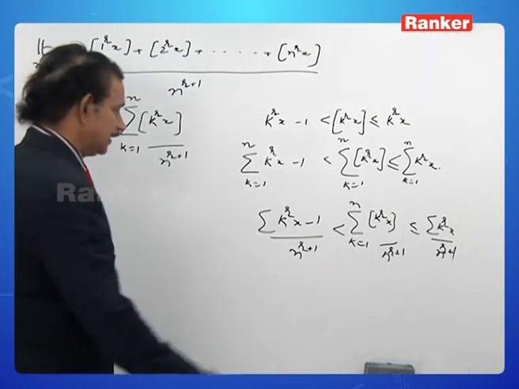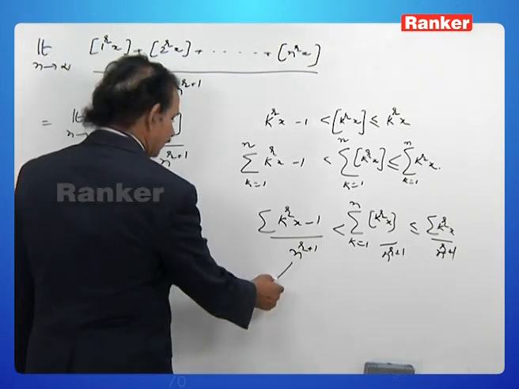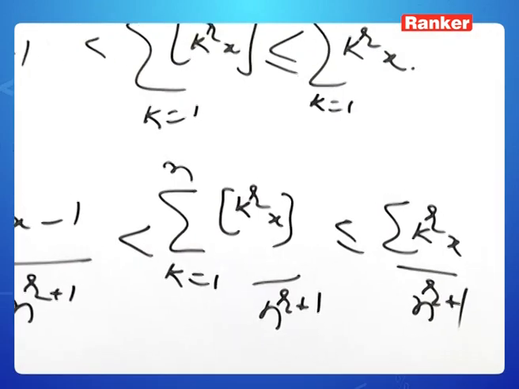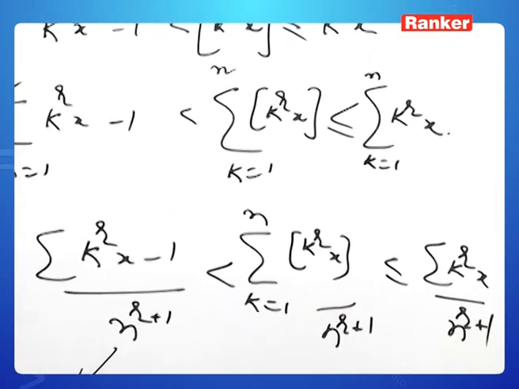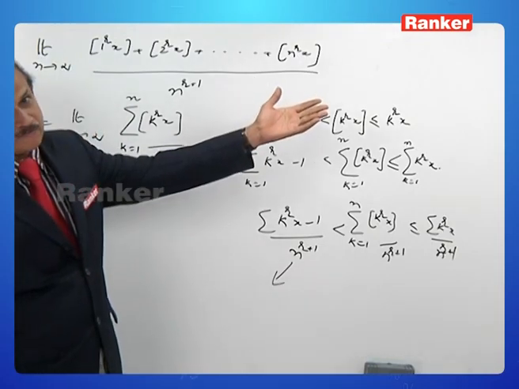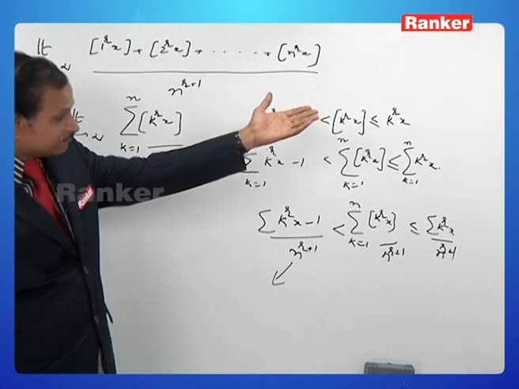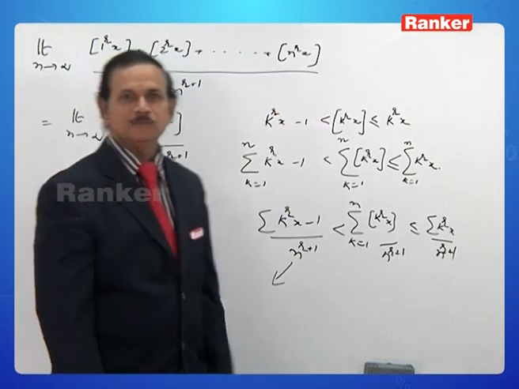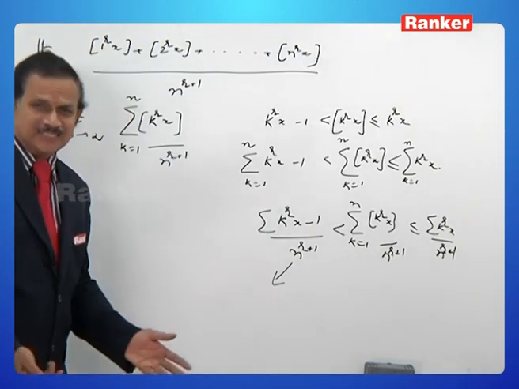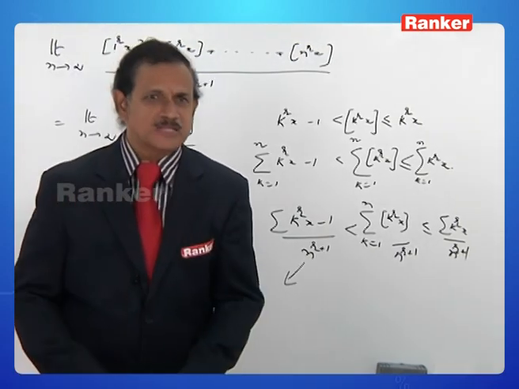Well, observe this. As n tends to infinity, what is the limit of the quantity on the extreme left and that on the extreme right? Let us calculate first. We are just making use of the sandwich theorem, that's all.